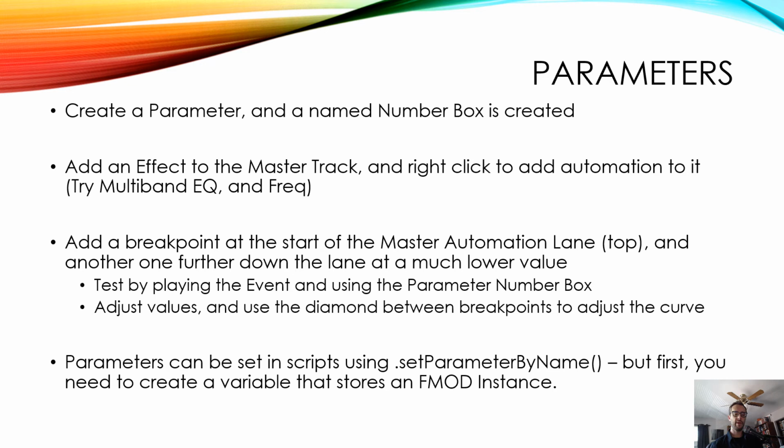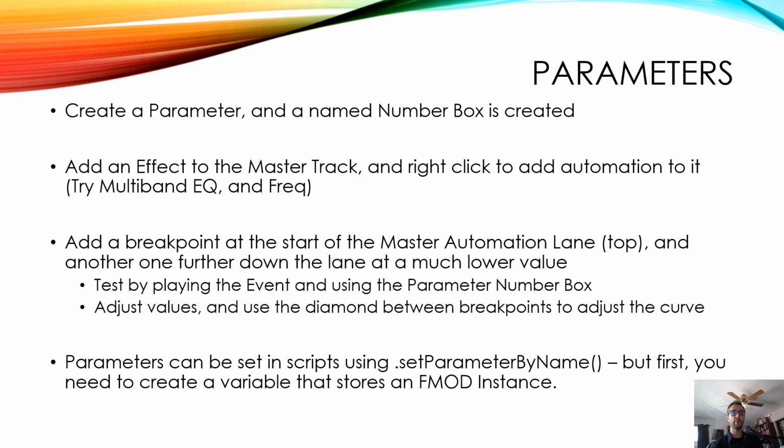Inside of the parameter lane, we can add a breakpoint at the start and then add another one further down at a lower value. And then we can test by playing the event and moving the number box to go through different values. We can adjust the values using the diamond between the breakpoints to adjust the curve and just kind of really dial everything in.